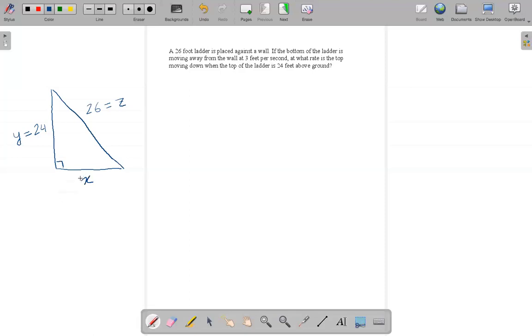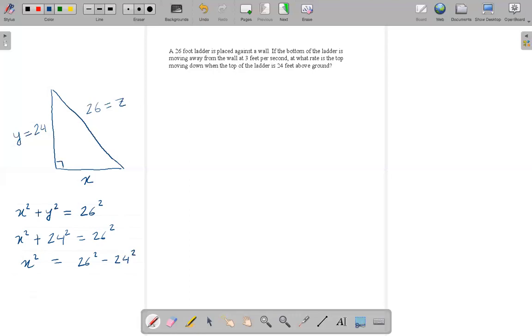So I can say that x squared plus y squared is equal to 26 squared. And then from here, I can find the value of x. So x squared plus 24 squared is equal to 26 squared, or x squared is equal to 26 squared minus 24 squared.